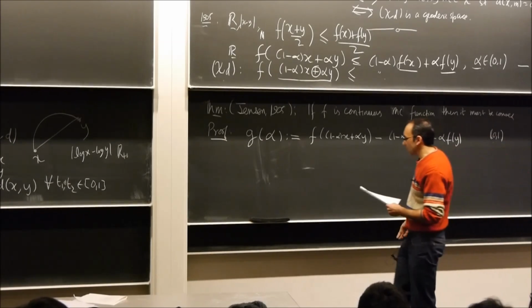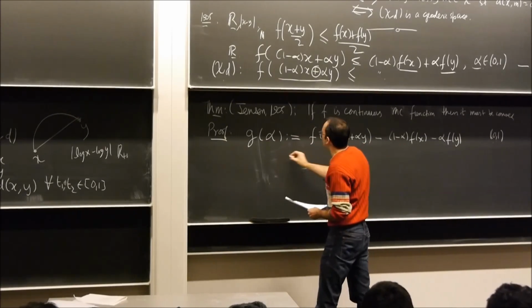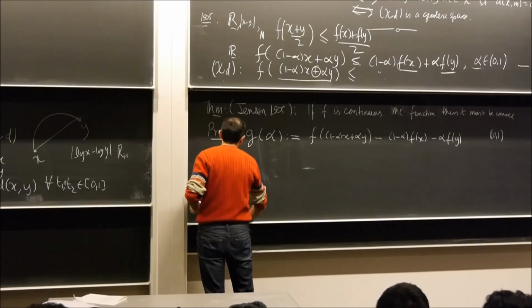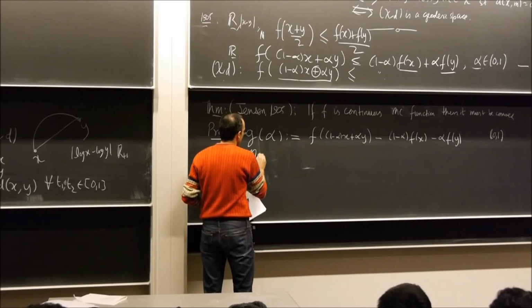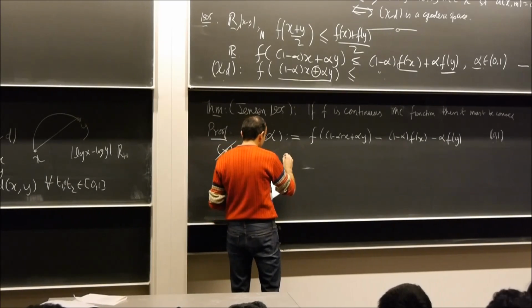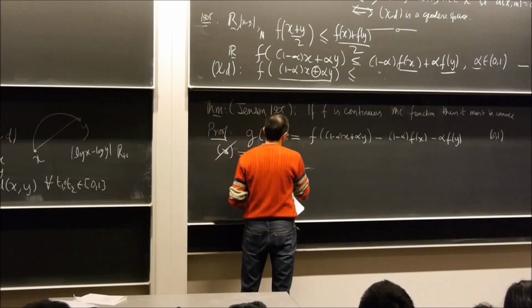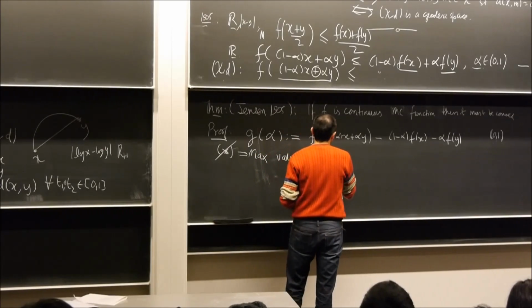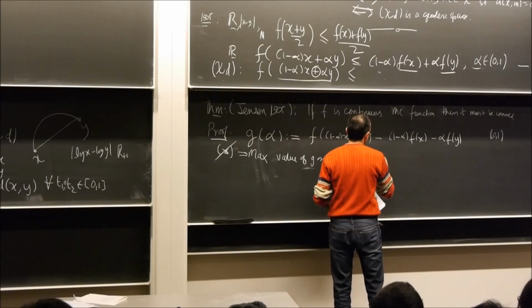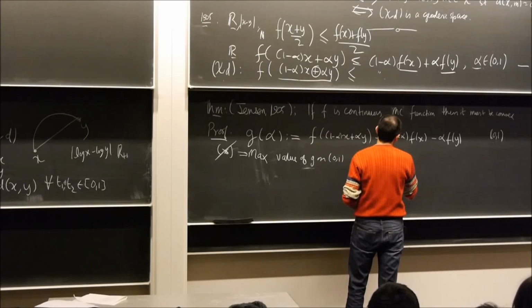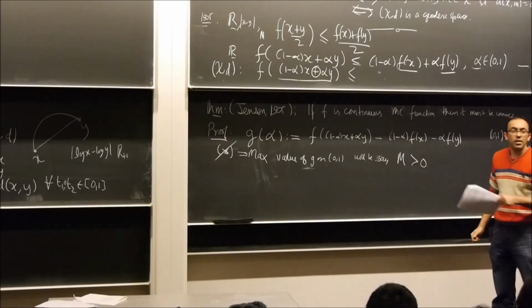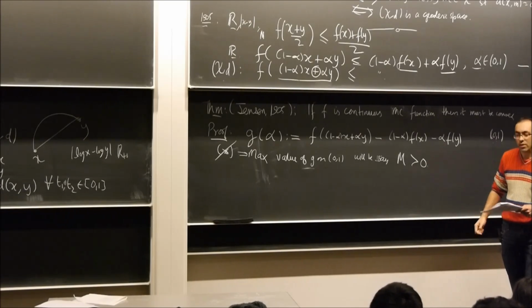So that means the maximum value of g will be some number m strictly bigger than 0, and since the function is continuous, it cannot become plus infinity.